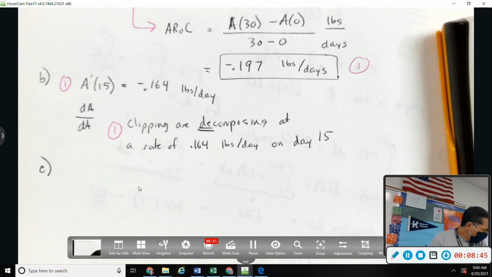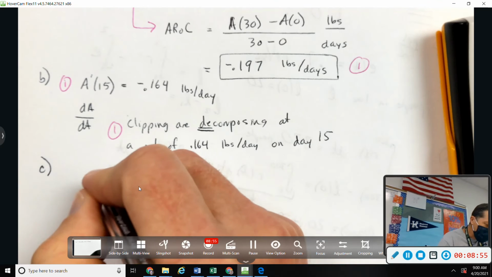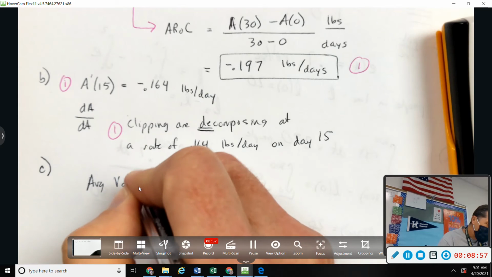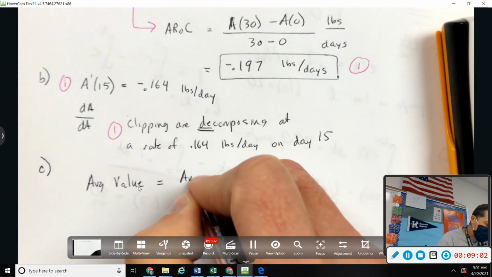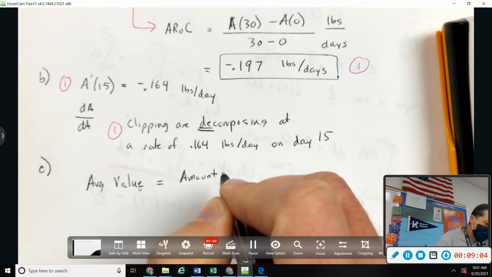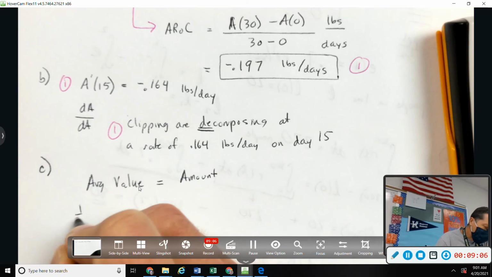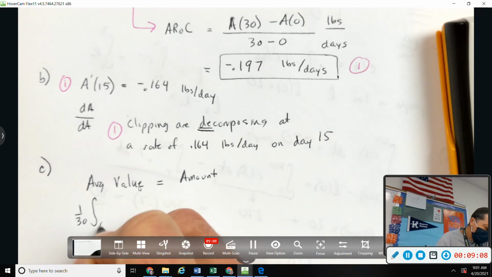Part C. Find the time t for which the amount of grass clippings in the bin is equal to the average amount of grass clippings in the bin over the interval. Oh, so I do need average value now. I want the average value to equal the amount. So the average value, we already talked about, put it in the wrong spot.